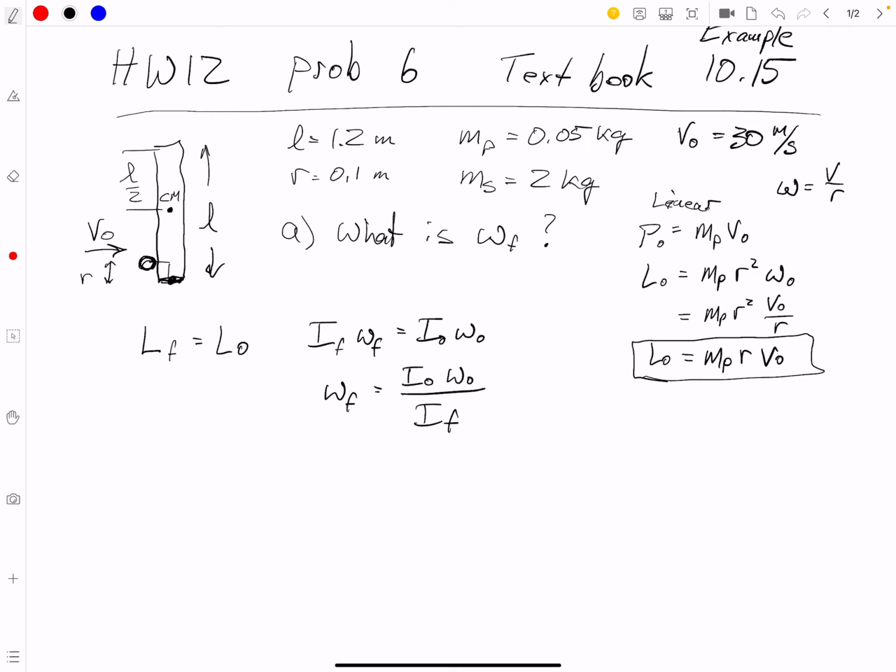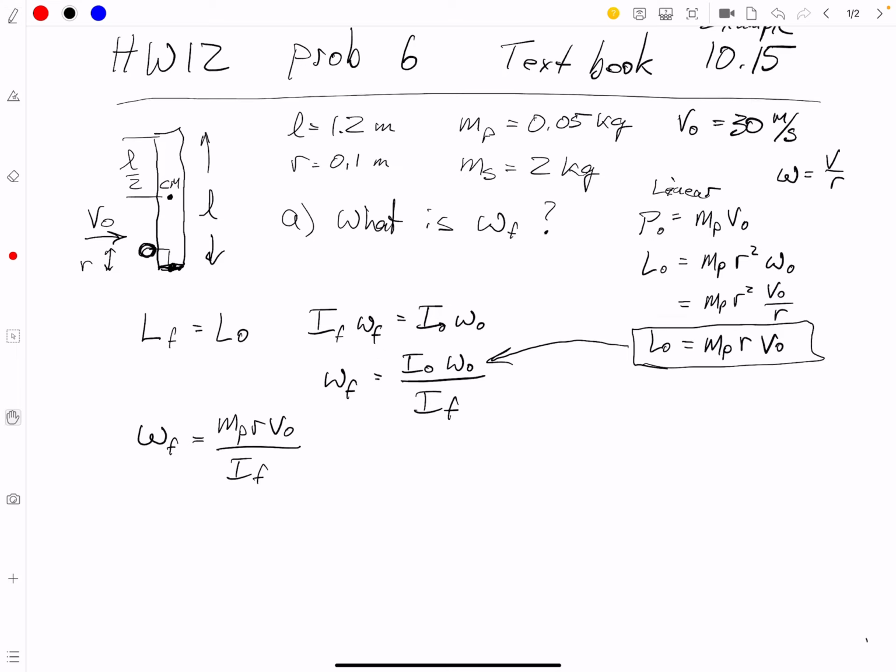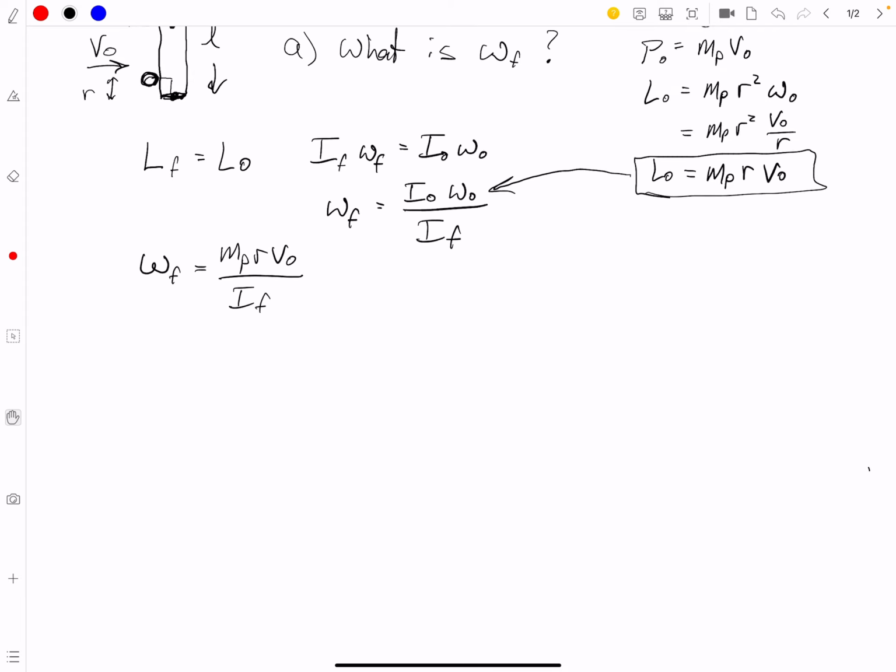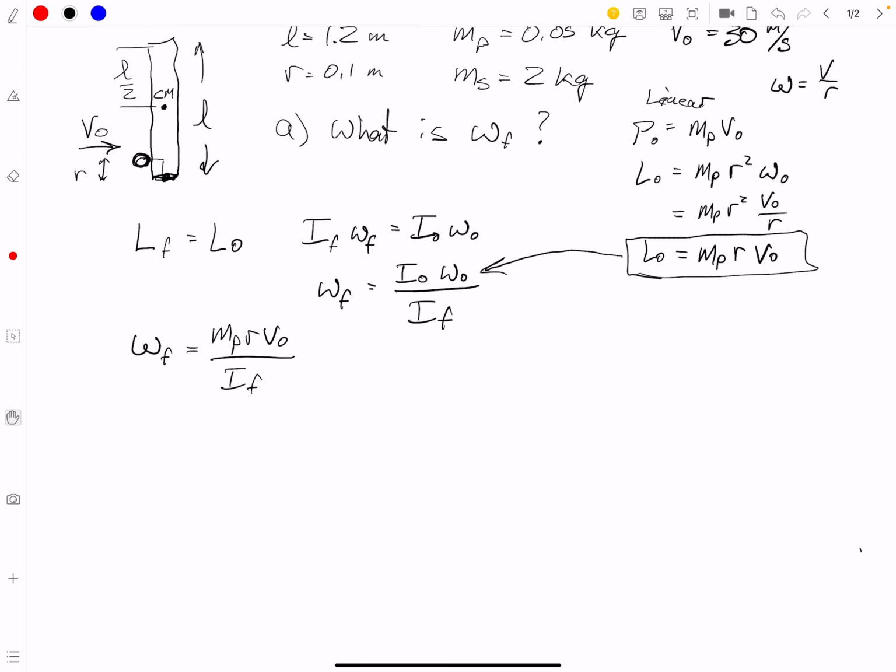Okay. But we already found this right there. So let's write out omega final equals m_p r v_0 over I final. Now we just have to figure out what I final is. So what do you think I final is going to be?